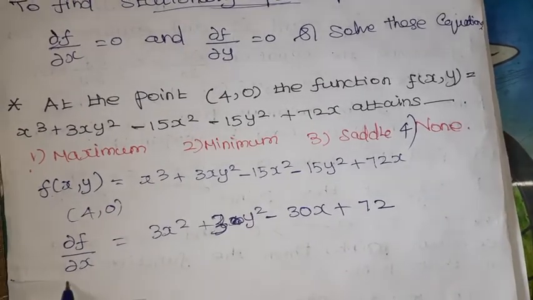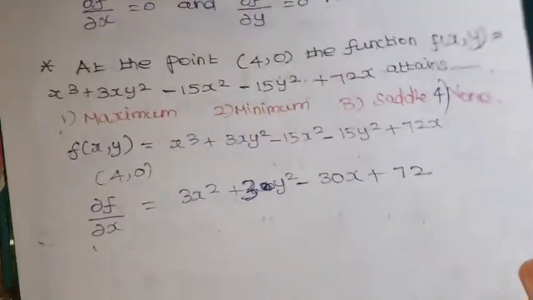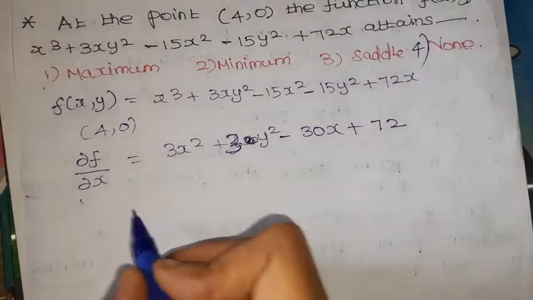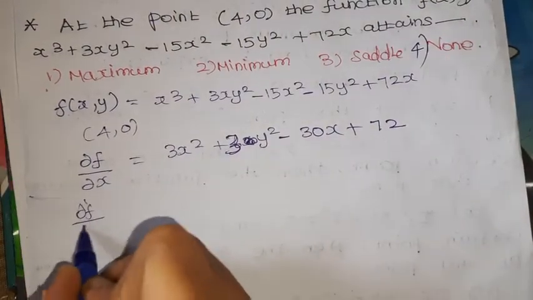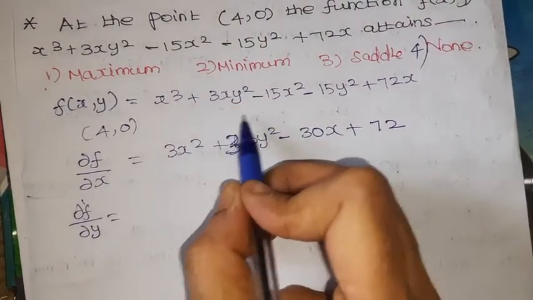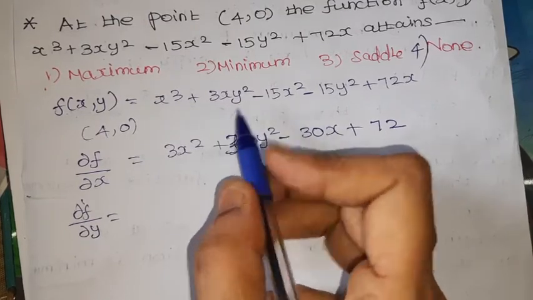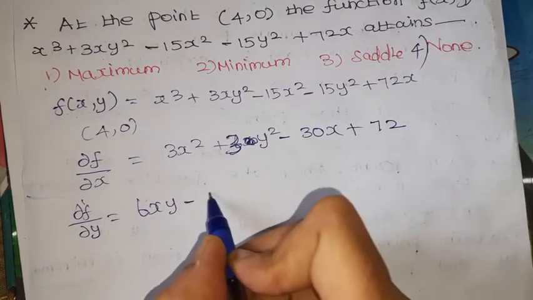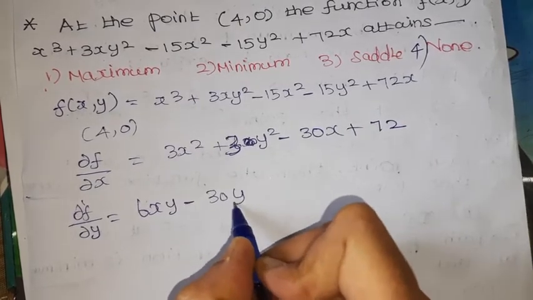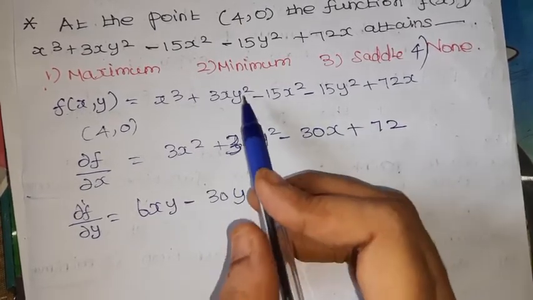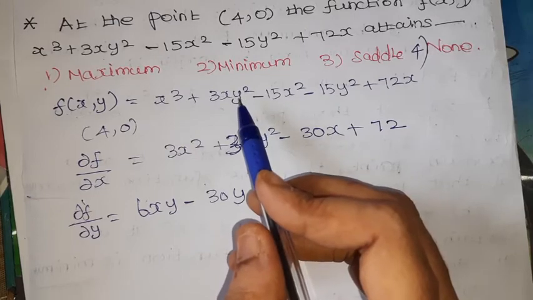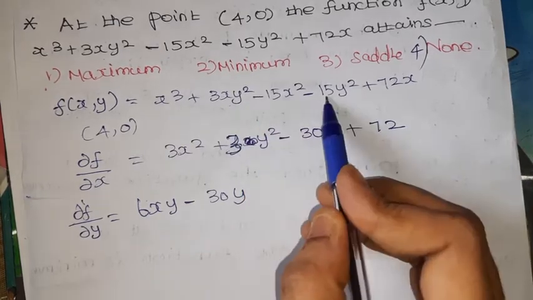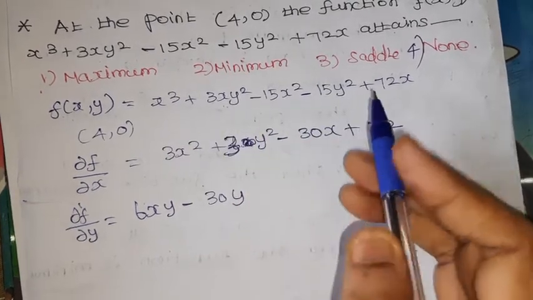Then we need to find the dou f by dou y value. Dou f by dou y, what is that? 6xy minus 30y, right, these two terms only with respect to y.